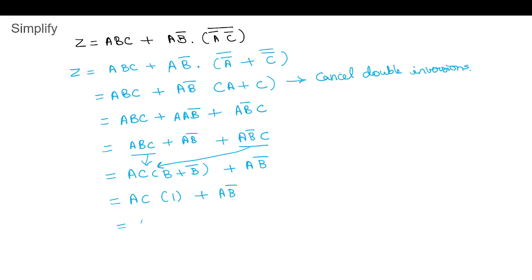The simplified expression is AC plus AB complement. Also you can write it as A common, C plus B complement. That is the simplification.